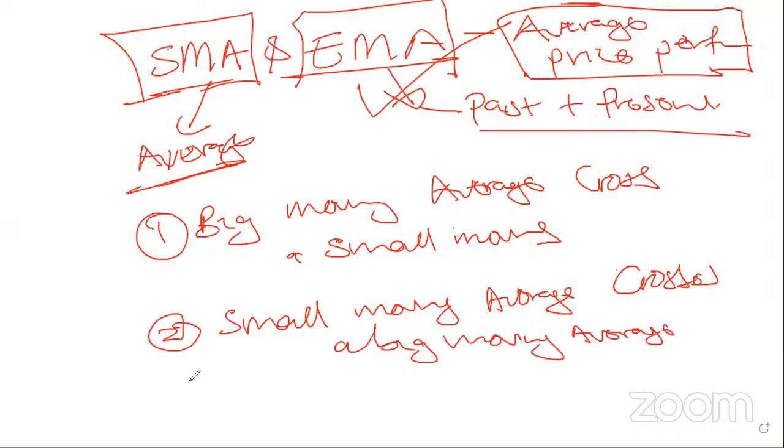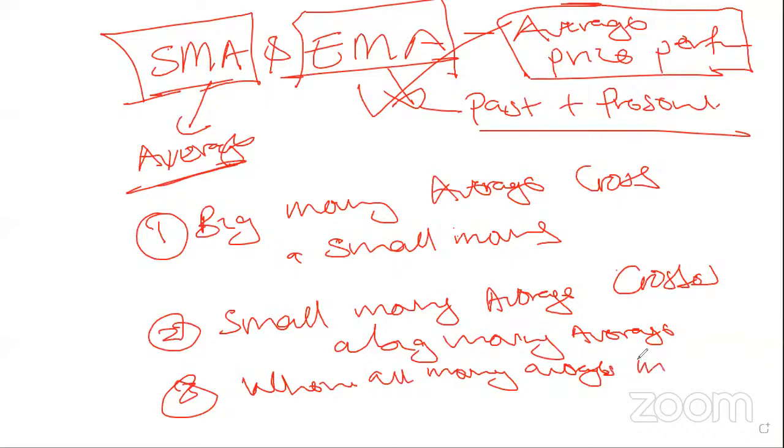Scenario 3 is when all moving averages meet in one place, and then they split. So we are going to look at scenario 1, scenario 2, and scenario 3.